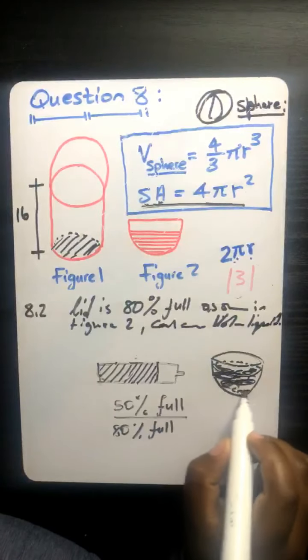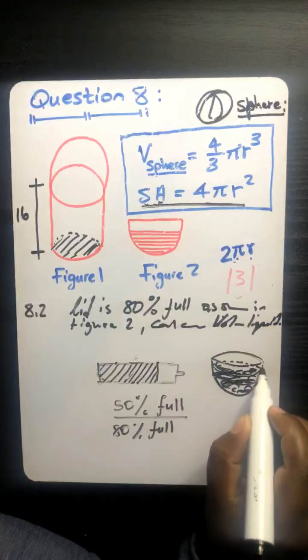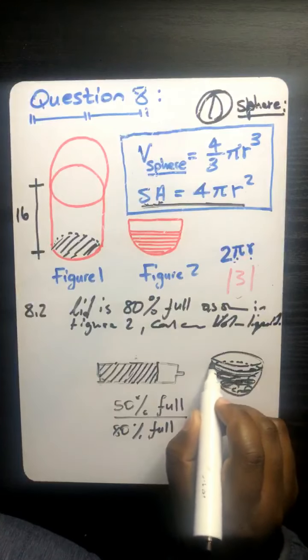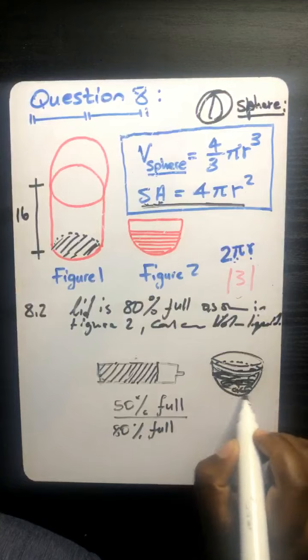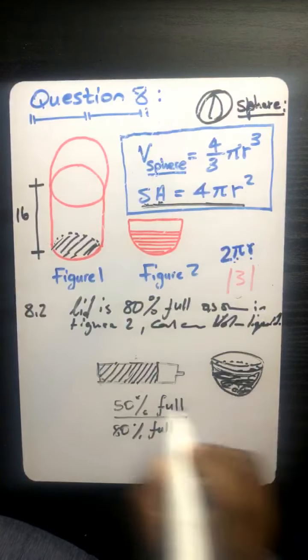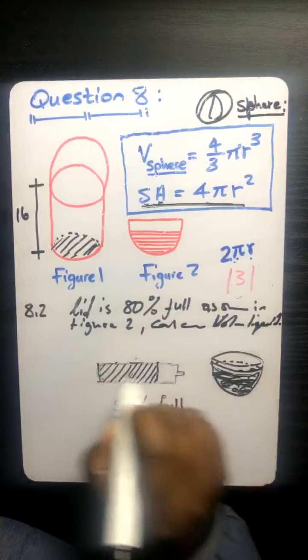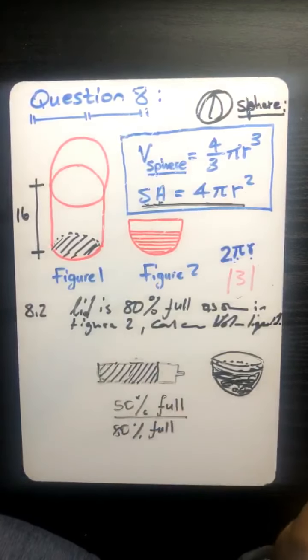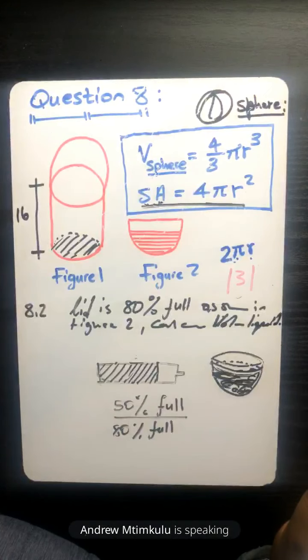It is full with liquid up to that point, maybe there. Does it now make sense, guys, in terms of the liquid being 80% full as compared to there? Does it make sense, though? Yes, sir.